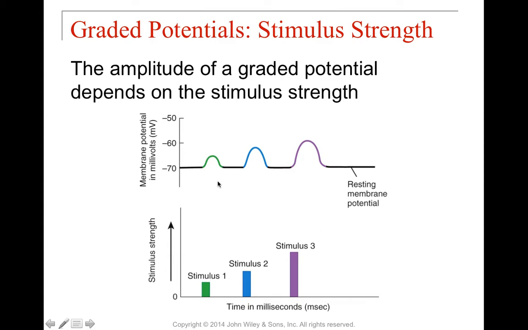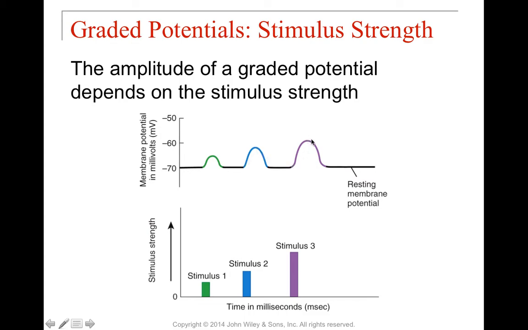So here we have three different stimuli that have three different changes in the membrane potential. And there's a direct correlation to the stimulus strength. So stimulus 1 is a weak stimulus, stimulus 2 a moderate stimulus, stimulus 3 a stronger stimulus. And a weak stimulus gives a weak change, right? We go from negative 70 to negative 65-ish. We go from negative 70 to negative 60 with the stronger stimulus.